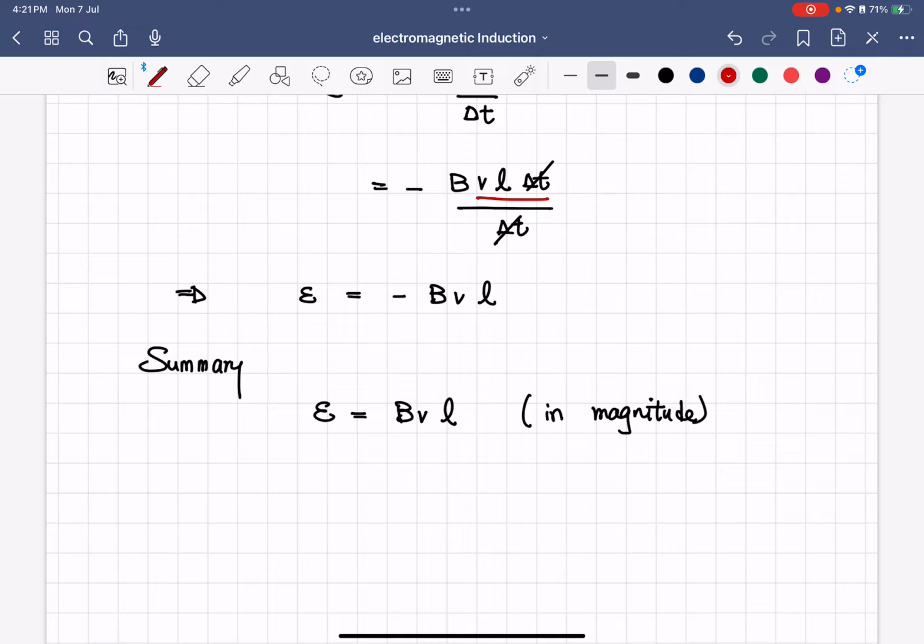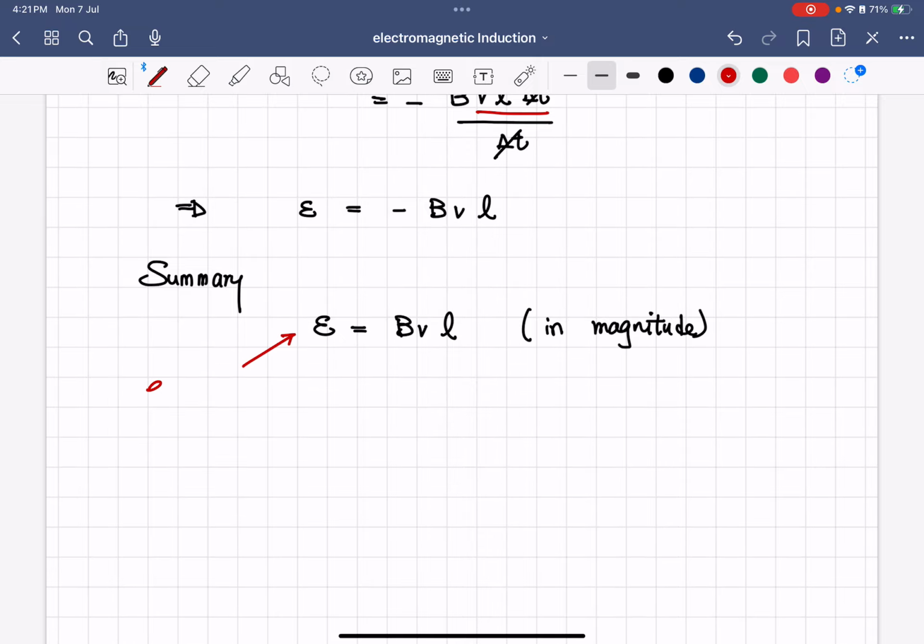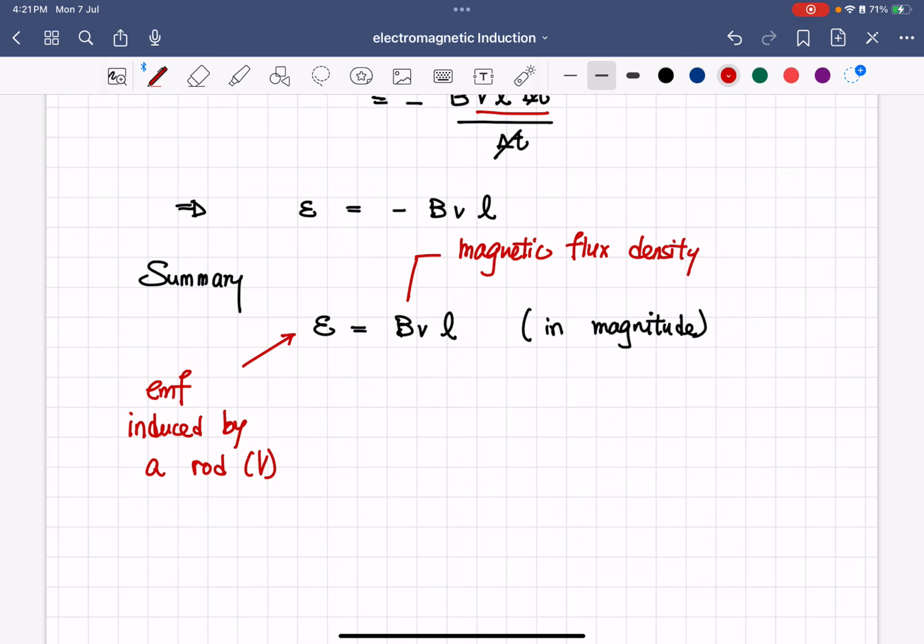So this is the equation for the EMF induced by a rod, when this rod is in a magnetic flux density B, assumed to be uniform, and when the rod is moving at a velocity v, with the length L of the rod.